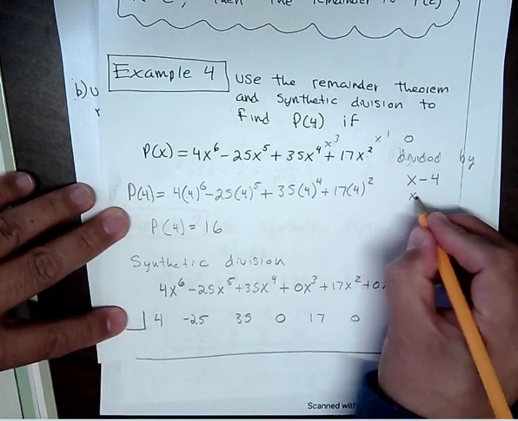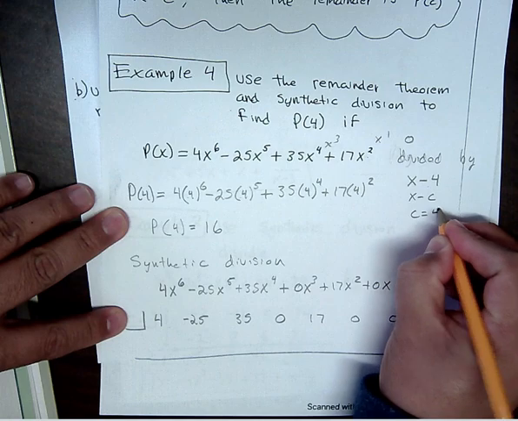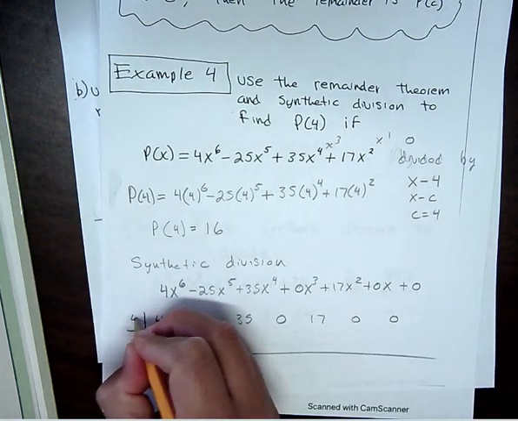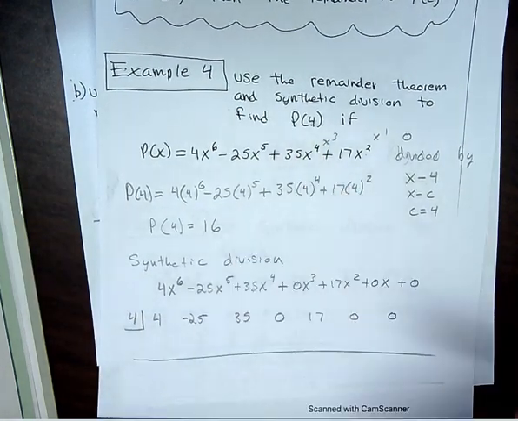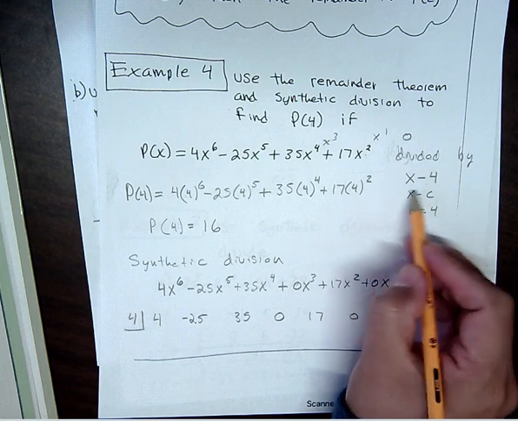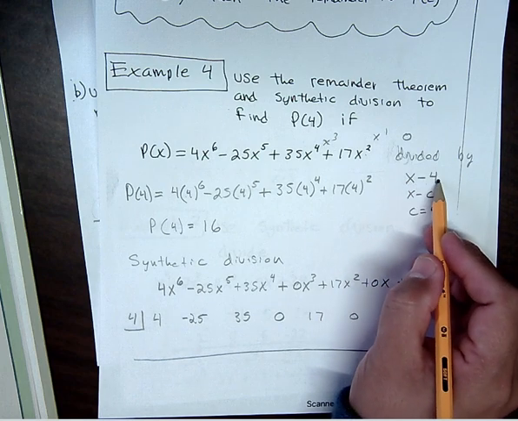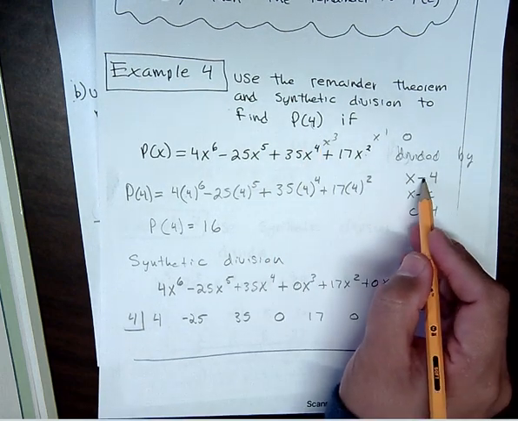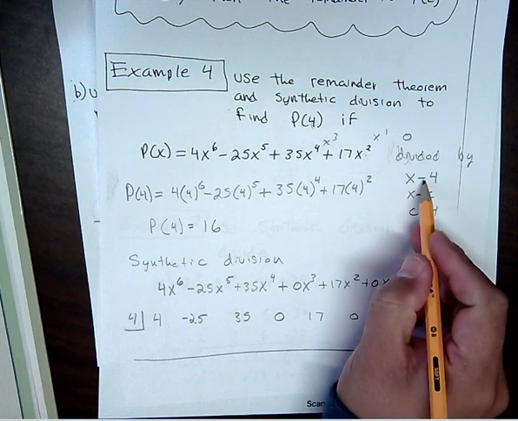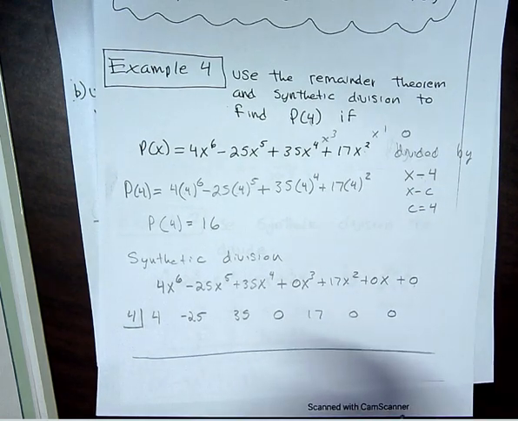This is x minus c, so our c would be positive 4. If the divisor is x minus 4, then c is the opposite of that sign, which is positive 4.